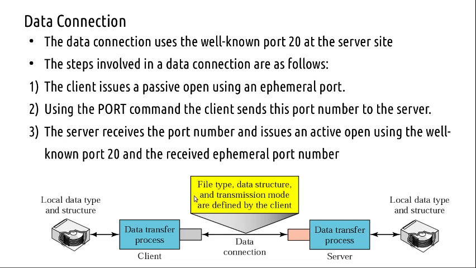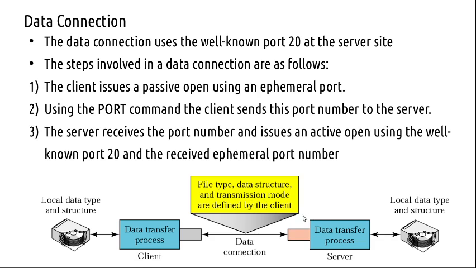So there are different file types. You could have files, records, directories, and all those things are defined by the client. The default one is file, just a stream. The transmission mode could be stream, compressed, or burst mode.